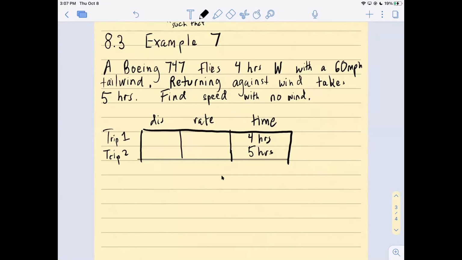So that's an unknown. So let's do that first. We don't know anything about the distance, so the trip 1 travel distance is d. Can we say anything about trip 2? Does it relate at all to the distance traveled in trip 1? Do we need to use a different letter or a different subscript? Do they have any connection?